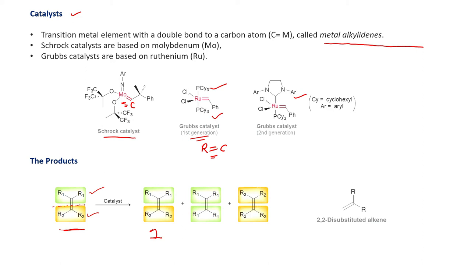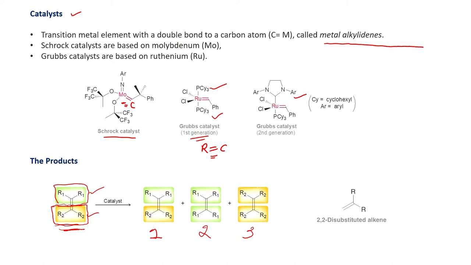So first chance is this. Second, this part will couple with itself. You will get this product, and the portion in orange block will couple with itself and will give you product 3.